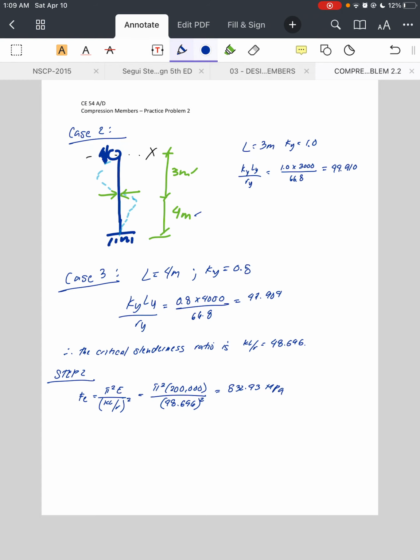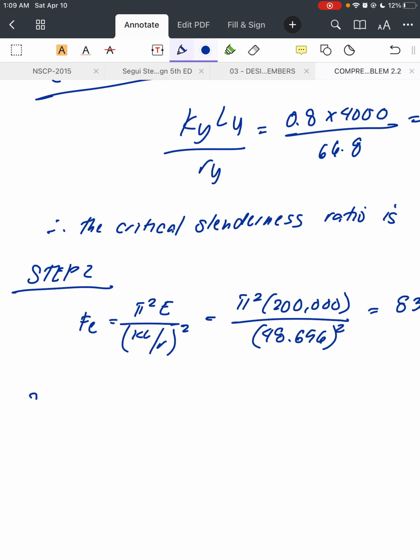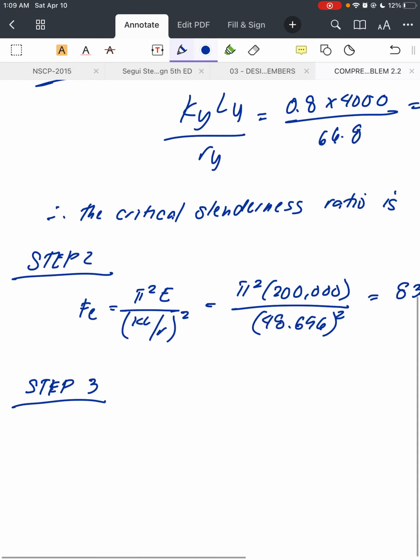Okay, so for the step 3, okay, so let's compare this to 0.44 times Fy. So again, your 0.44 Fy, your Fy is 345 because we used A50.